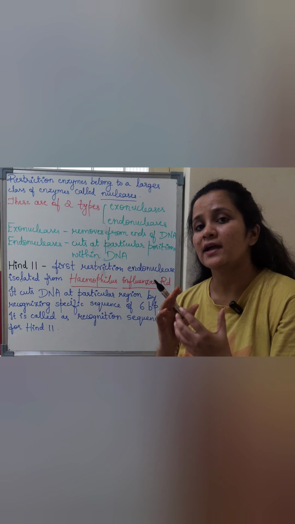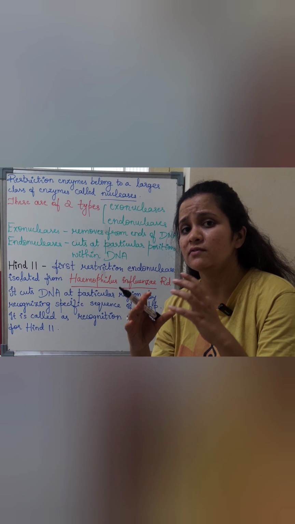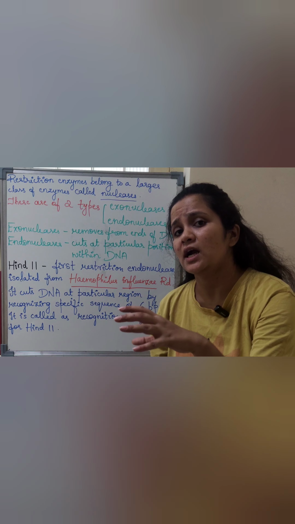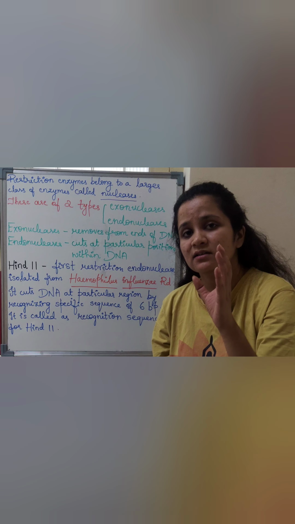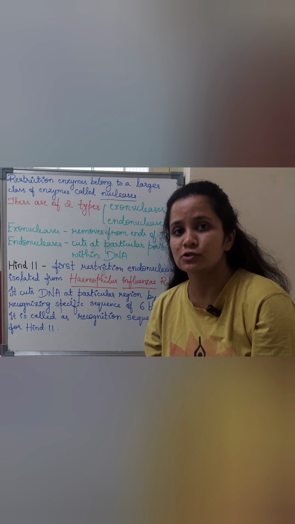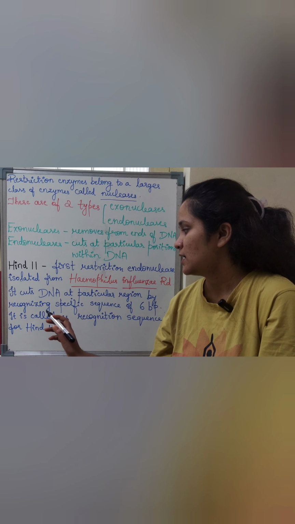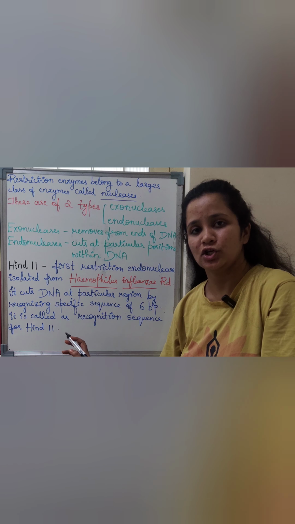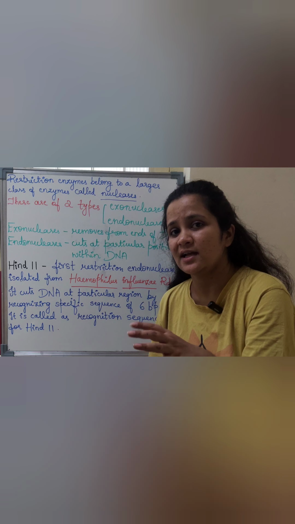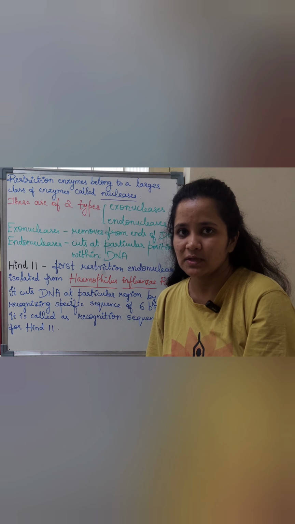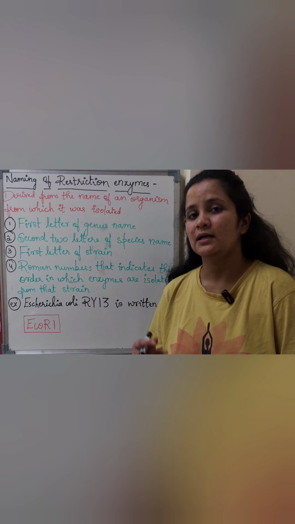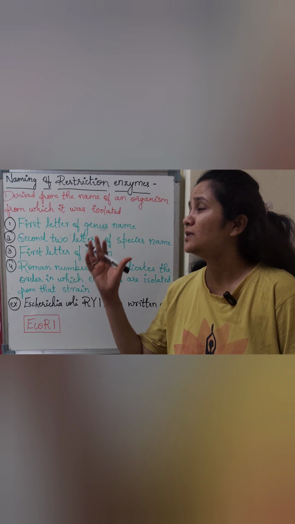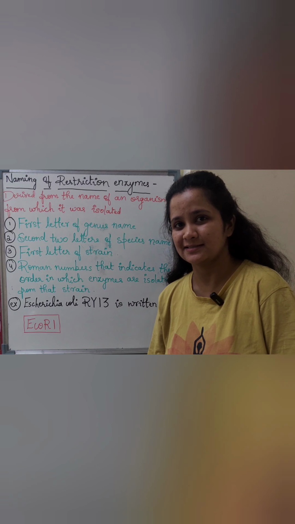So it will find a specific region where it can start to cut the DNA, and that specific region will consist of 6 base pairs, and hence it is called the recognition sequence for Hind II. It is the sequence that Hind II is going to recognize and start to cut, hence we call it the recognition sequence for Hind II. Let us now learn how to name these restriction enzymes.